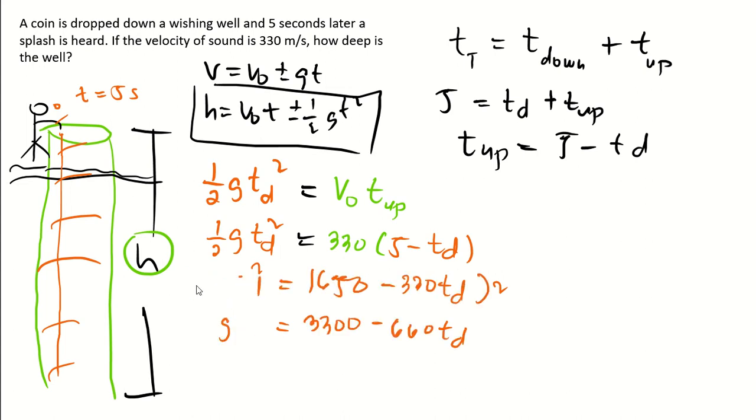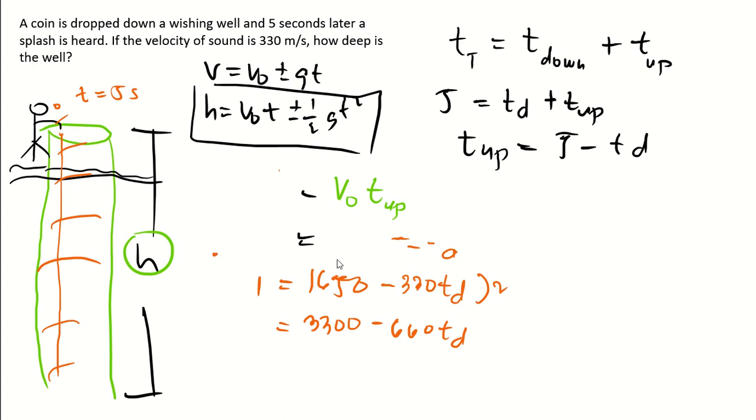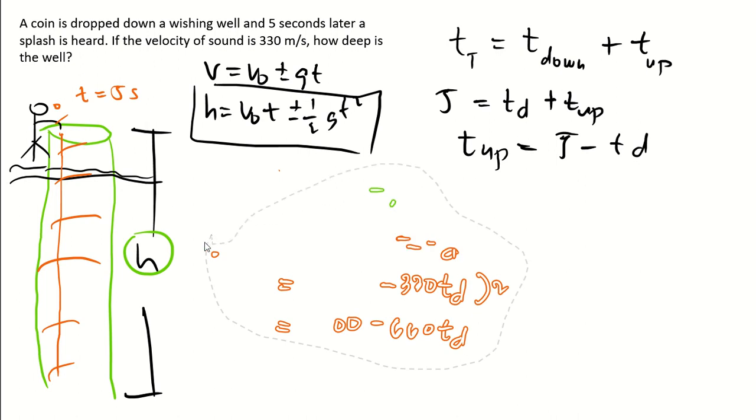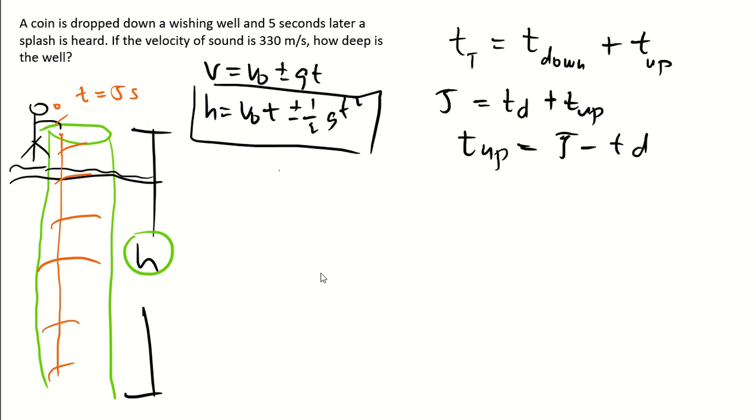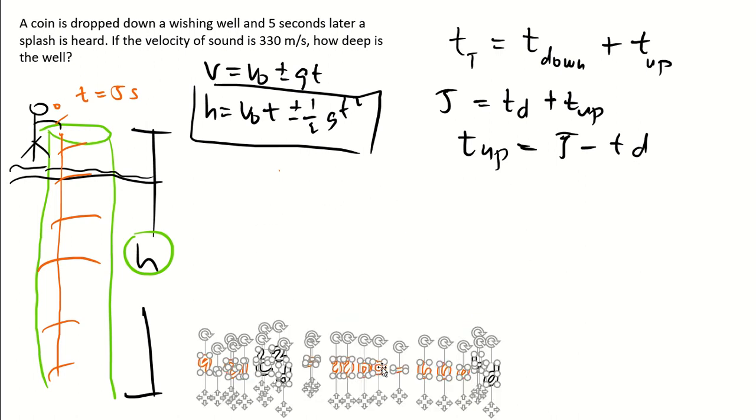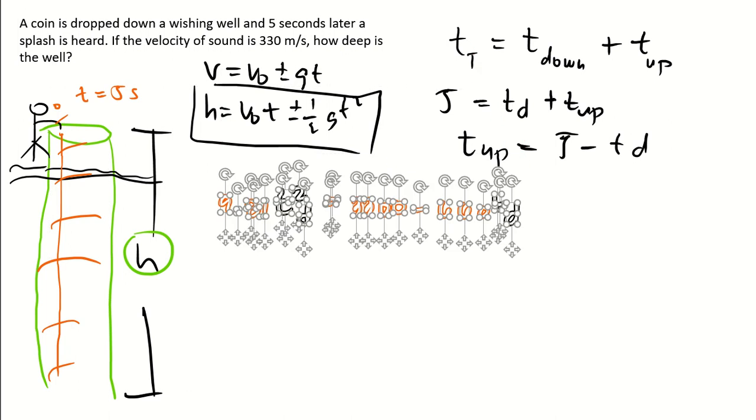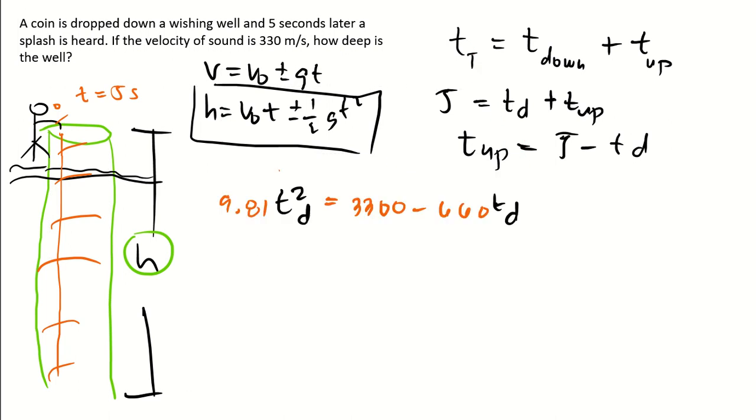Okay, so yan yung kanina, no? So ito ay yung quadratic equation na sinasabi. So we have two unknowns.